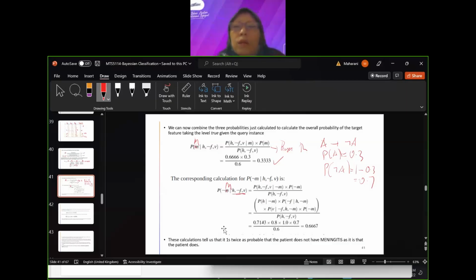So the result is this. If you add this one with this, it equals 1. Without using the chain rule, you can just take 1 minus 0.333, which is 0.6667. Right?